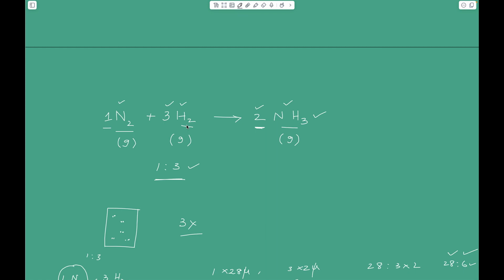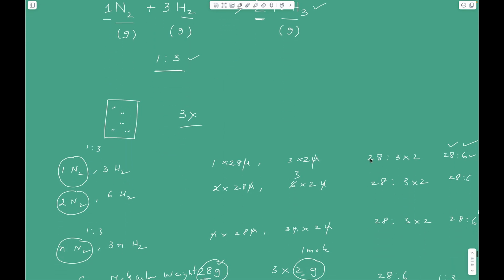But because you cannot directly count the number of particles, we are taking the help of their masses, and in some cases we take the help of their volumes to indirectly figure out the number of particles present in them.